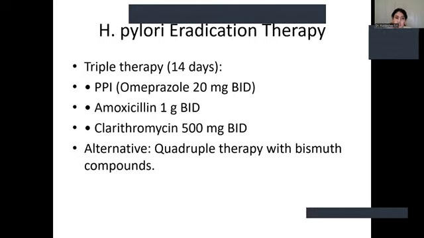Triple therapy is a PPI, omeprazole 20 mg for 14 days. Next is amoxicillin 1 gram twice daily, duration 7 days. And clarithromycin 500 mg twice daily, also 7 days.